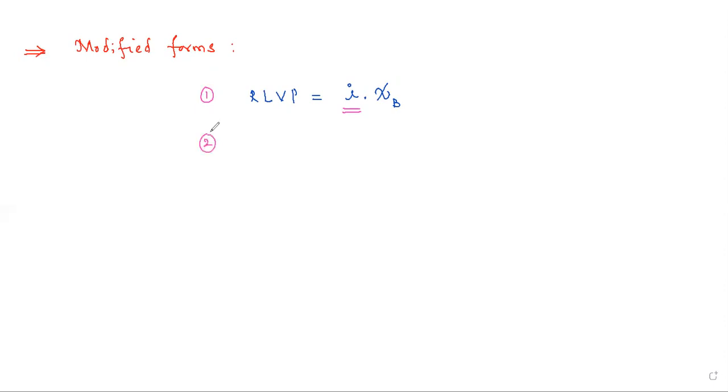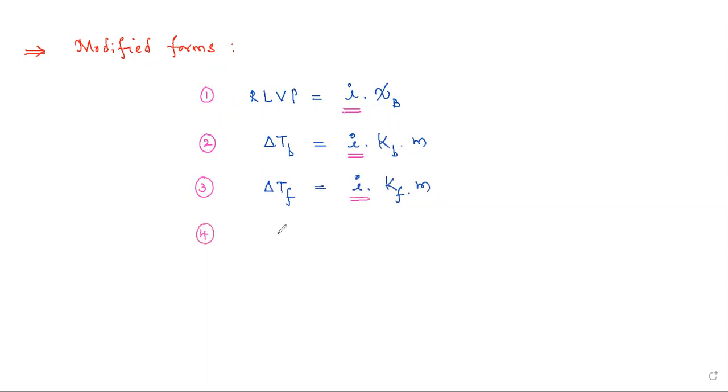Now let us go for the second one, delta Tb, the elevation in boiling point. We have given it as Kb into small m till now. Let us now include I. Now it can be used for any sort of solute. Then the depression in freezing point, delta Tf. Earlier it was Kf into small m. Now modified as I into Kf into small m.